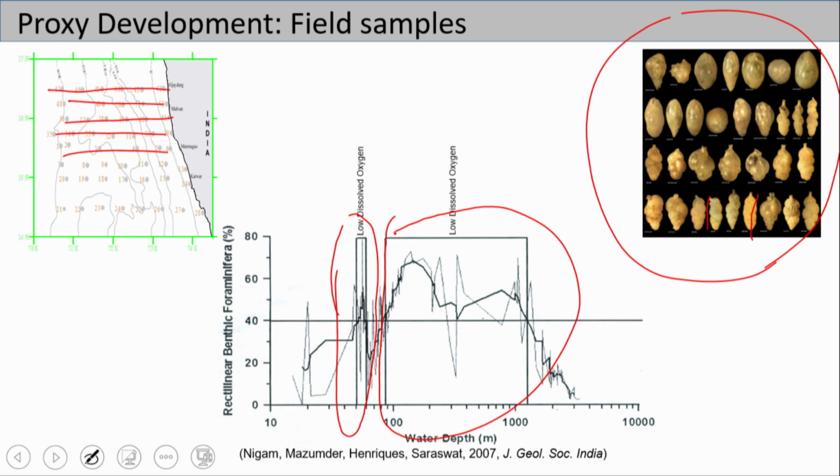That means we can reconstruct past low oxygen intensity zones by looking at the abundance of these species, which we have listed as the rectilinear benthic foraminifera. Their abundance increases whenever the oxygen concentration goes down, and their abundance decreases whenever the oxygen concentration goes high.